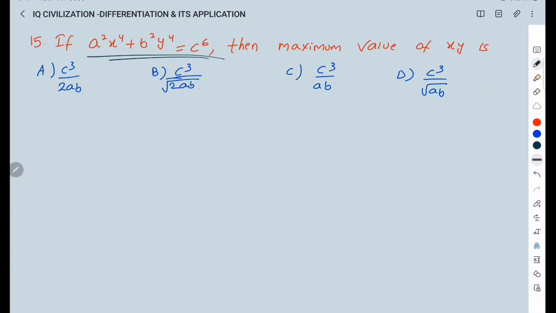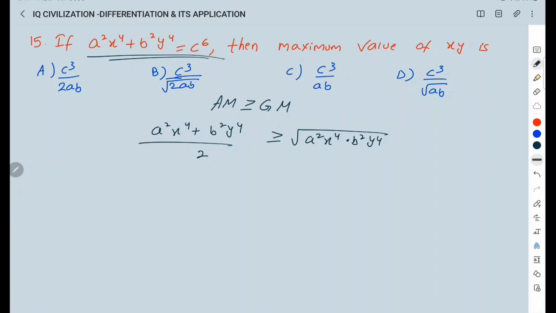For this curve, a square x power 4 plus b square y power 4 is equal to c power 6. So we already wrote the trick: AM is always greater than or equal to GM. So (a square x power 4 plus b square y power 4) by 2 is always greater than or equal to root over a square x power 4 into b square y power 4.